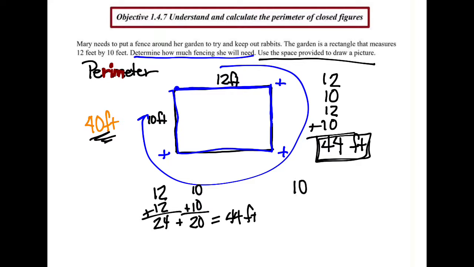So 10 plus 12 is 22. And now I have 2 22s. So 44. Multiple ways of getting the same answer.